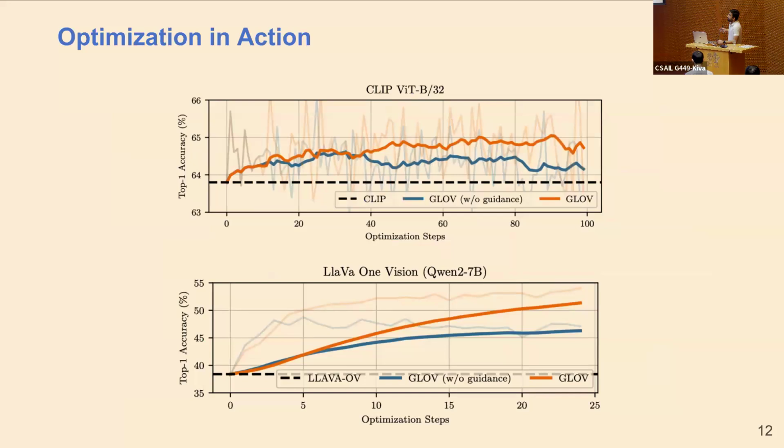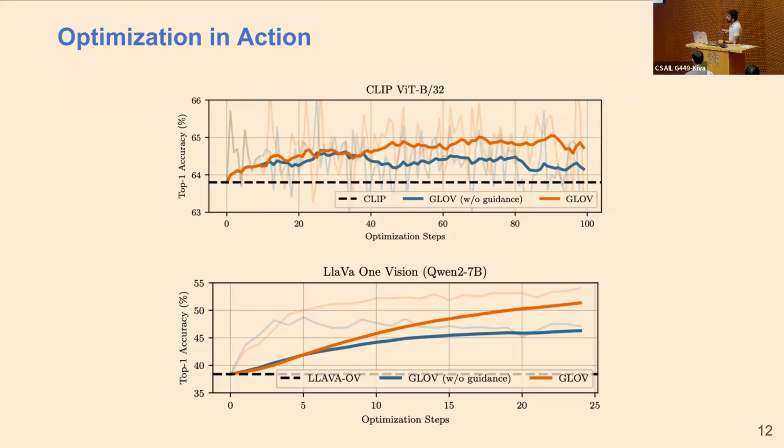On the top it is the dual encoder model, CLIP ViT-B/32. This is the encoder-decoder model, Qwen 2 7 billion. I will come to the encoder-decoder models in a while. On the y-axis is the top-1 accuracy on the ImageNet held-out train set, and on the x-axis is the optimization steps.